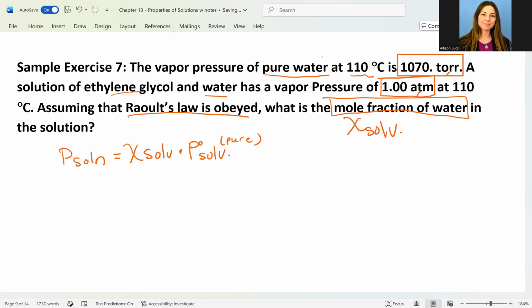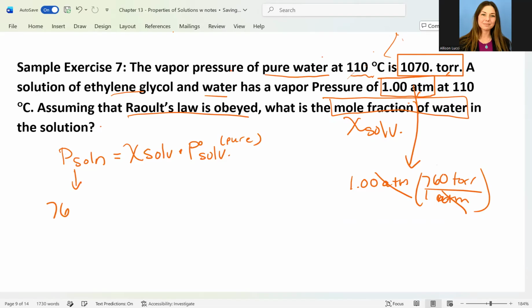So first I can most easily convert atmospheres to torr. So I'm going to take this 1.0 atmosphere and convert that to torr. If you remember, it's the same conversion factor for torr as it is for millimeters of mercury. So I'm going to have 760 torr for the pressure of my solution. So I'm going to put that over here.